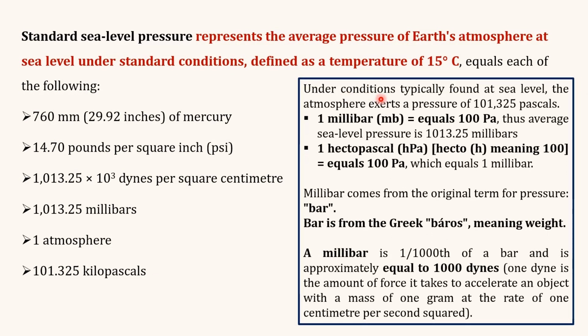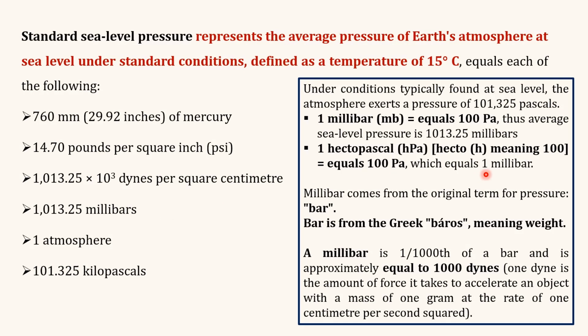Under conditions typically found at sea level, the atmosphere exerts a pressure of 101325 pascal. 1 millibar is equal to 100 pascal. So the same value can be written as 1013.25 millibar. Similarly, 1 hectopascal is equal to 100 pascal. The term hecto means 100, and this 100 pascal means 1 millibar.